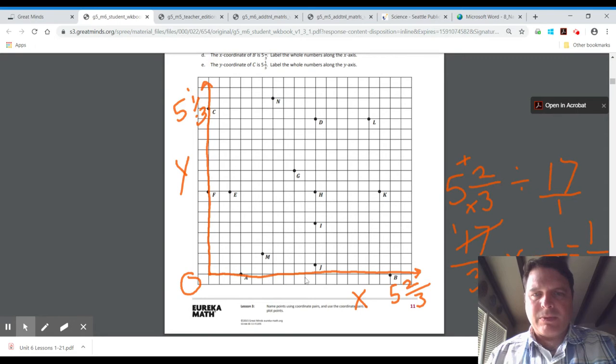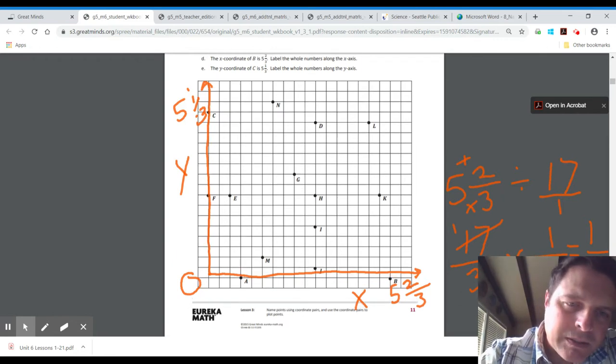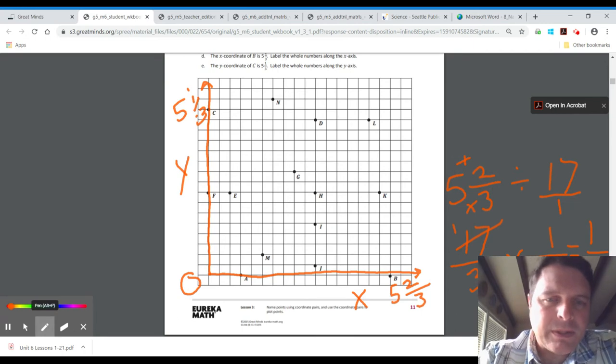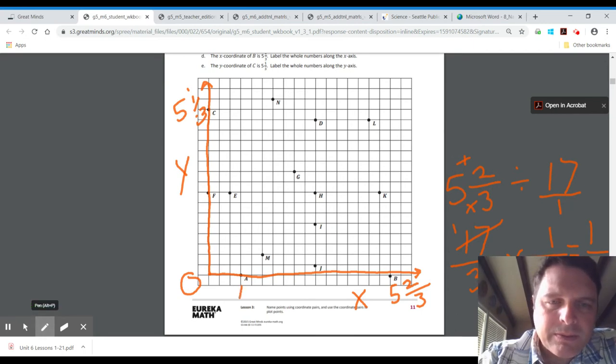So let's find out what 3 1/3 is. Sorry, I gotta go back to the pen. That would be 1, counting 1/3, 2/3, 3/3, it's 2. And then 1, 2, 3, and that's 3. And 1/3. So 3 1/3 is right here.